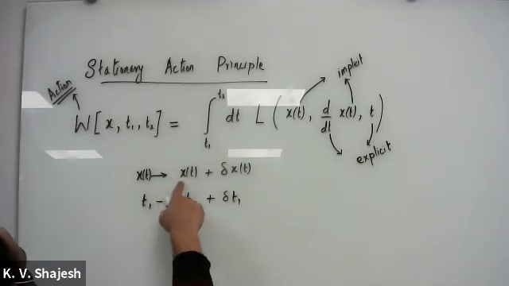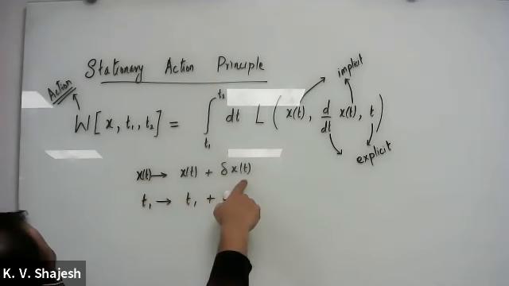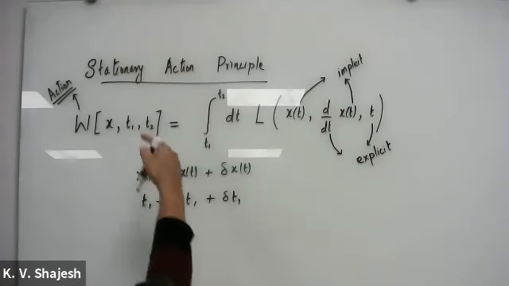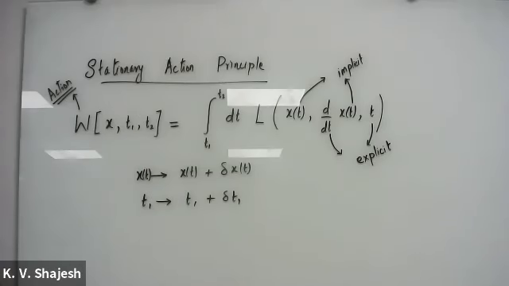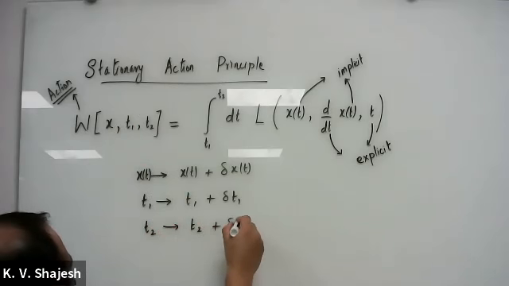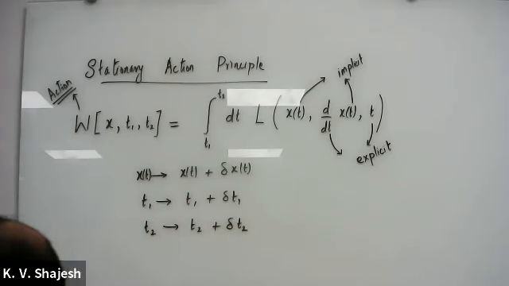Notice this is all along the path. This variation is a functional variation. Here, T1, if you want, is just the boundary. And we also say T2 is changed to T2 plus delta T2.